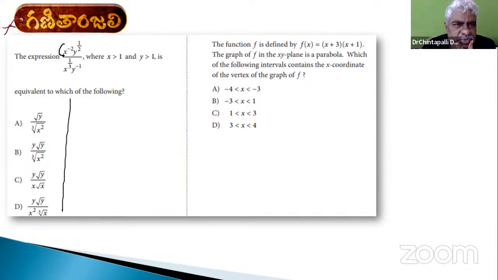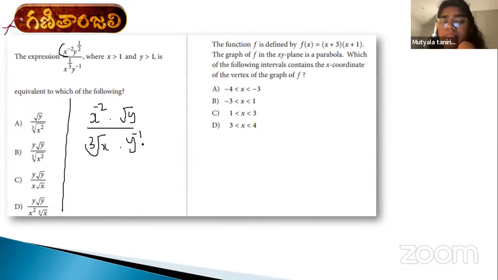Bring this x power -2 to the denominator. x power 1 by 3 means cube root x. y power minus 1 is 1 by y; this y power minus 1 will reach the numerator, this will reach the denominator.